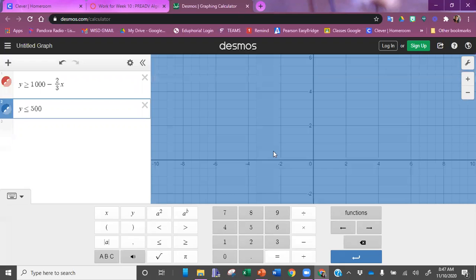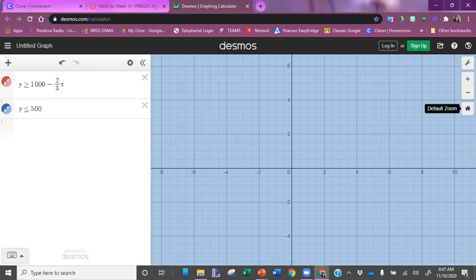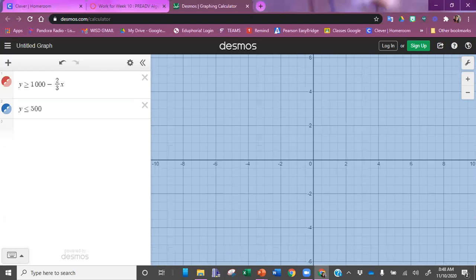The other restrictions come from us knowing that because this is a real world problem, a couple other things have to be true also. We know that y has to be greater than or equal to 0 and x has to be greater than or equal to 0, because this is real world. So when we're looking at this, we're going to zoom in and zoom out here in a minute. So right here, if you click this home button, it's going to be on the default zoom.